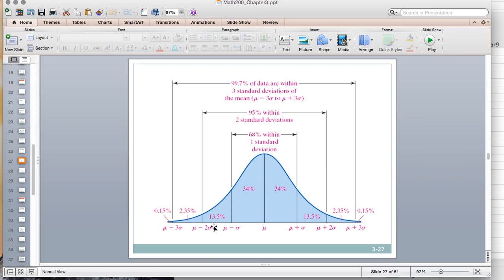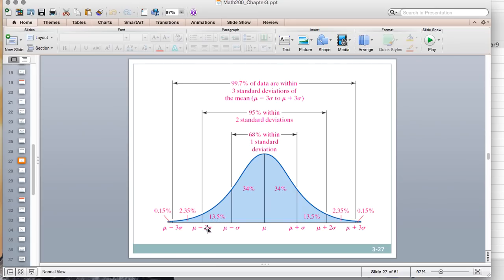Now, if we take it a little further and look to the left 2 standard deviations and to the right 2 standard deviations, you'll notice that if we add all of these pieces together, the 13.5, the 34, the 34, the 13.5, that's going to take us to 95%. Okay, so almost all of our observations are within 2 standard deviations.